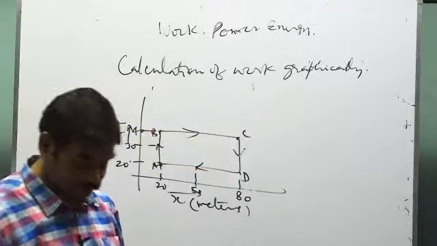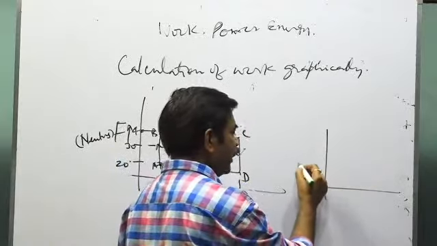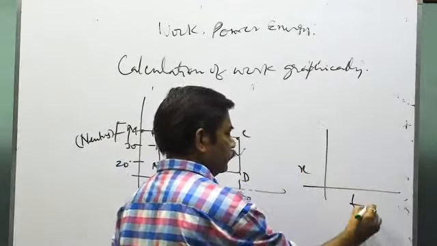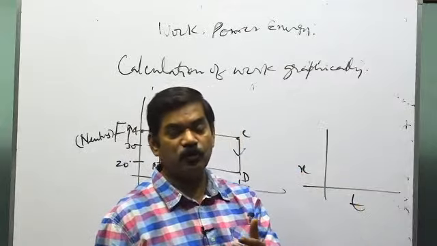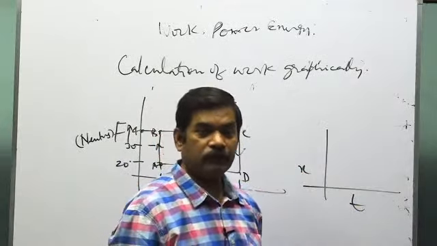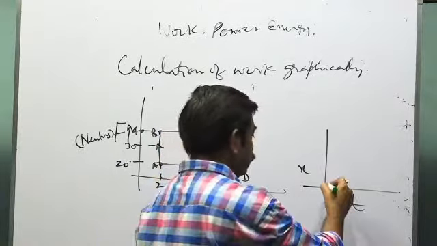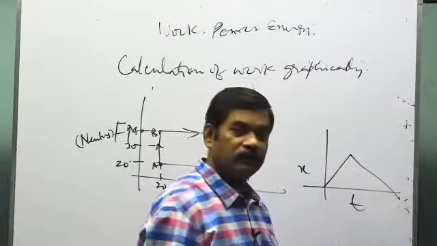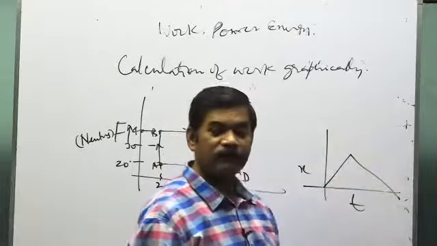The graph is depicting what? Like suppose say, you see, you have a displacement time graph. Displacement time graph for a 1D motion, that means motion on a straight line. Say the graph is like this. So that does not mean that body is going like this and going like this.